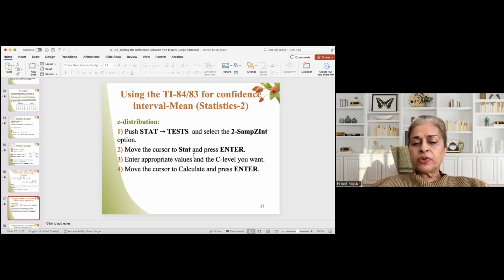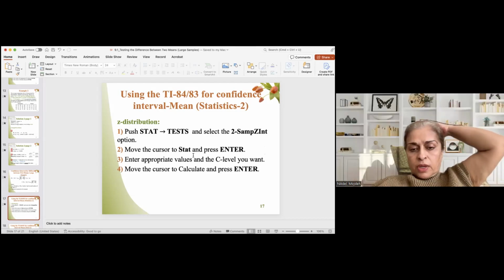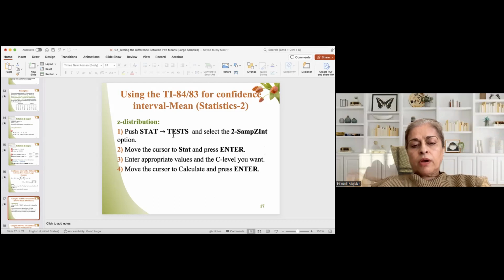Can you see my screen? What we're seeing right now is the TI-84, the confidence interval. So to find the confidence interval for the mean, again, you have two options: statistics or raw data. This time you go to STAT, you go to TESTS.